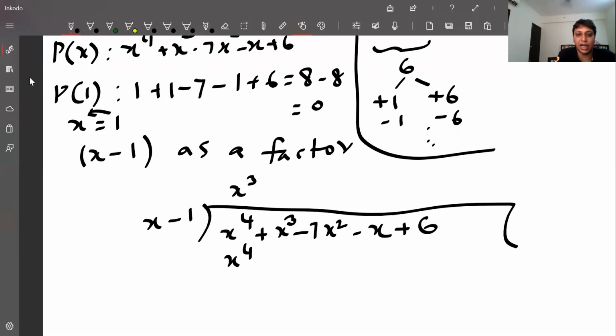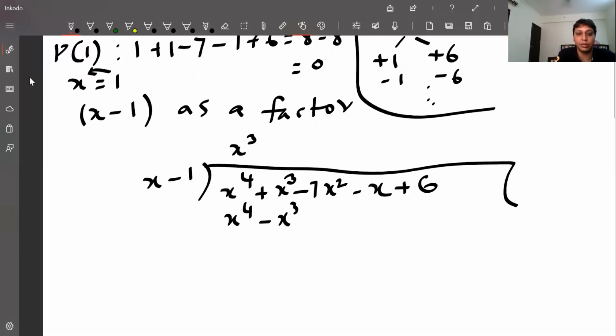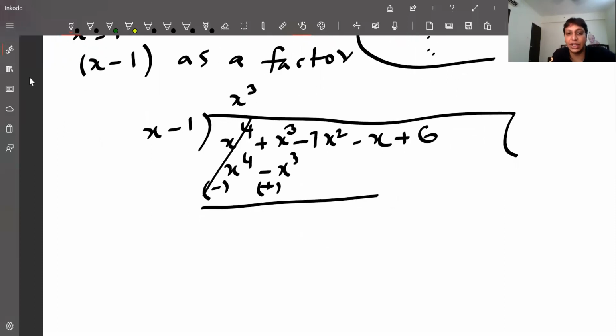The next term is minus x cube, because minus 1 into x cube is minus x cube. Now let us change the signs. So when you change the signs, you're cancelling the x power 4 terms. So which is giving us 2x cube, because x cube plus x cube is 2x cube. We bring the minus 7x squared down.